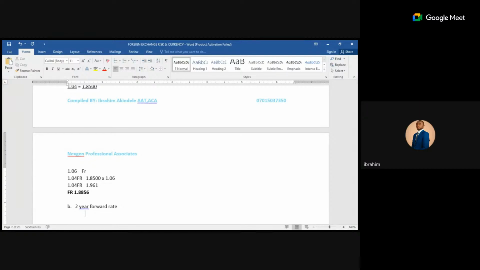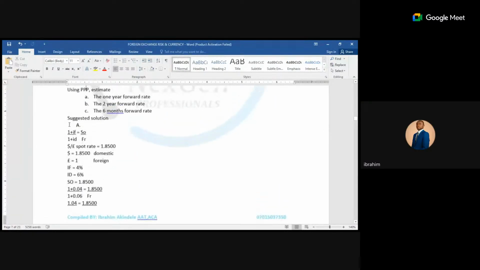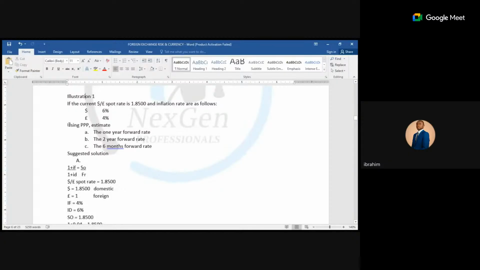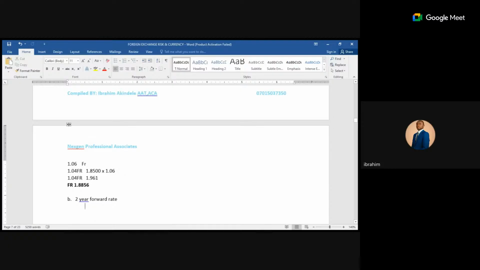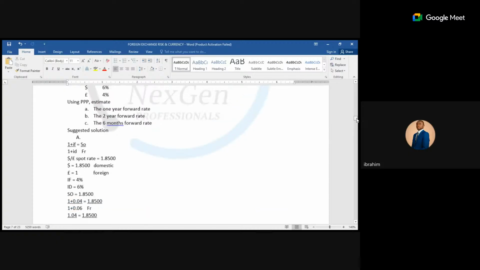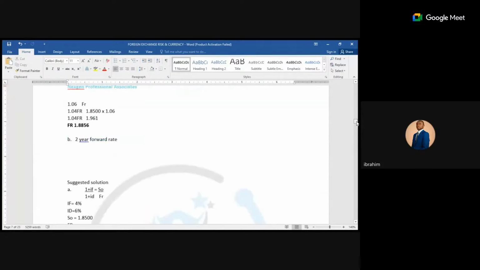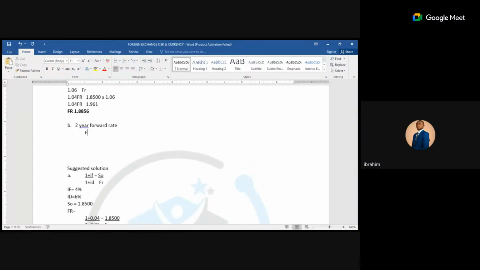Then we should not forget that we want to estimate the 2-year forward rate.